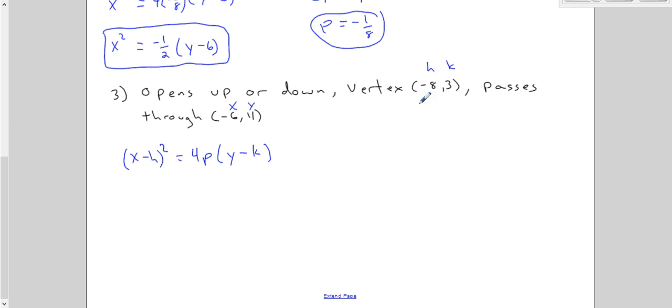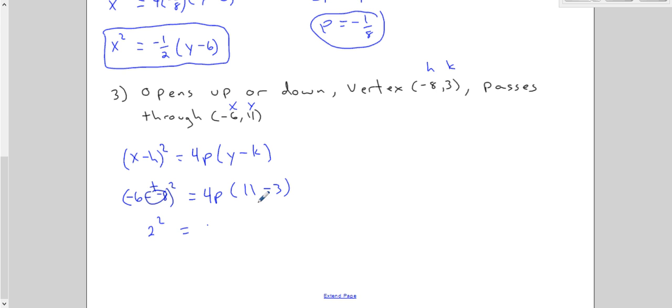So if we plug in all these values, we have -6 minus the h, which is -8. We're going to end up squaring that, equals 4p. Y is positive 11 minus the k, which is 3. -6 plus 8 is 2 squared. 11 minus 3 is 8.